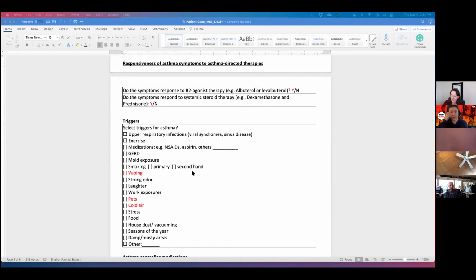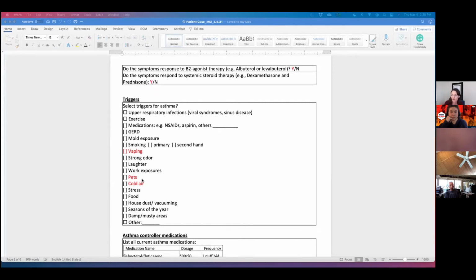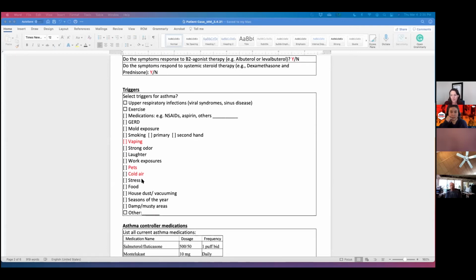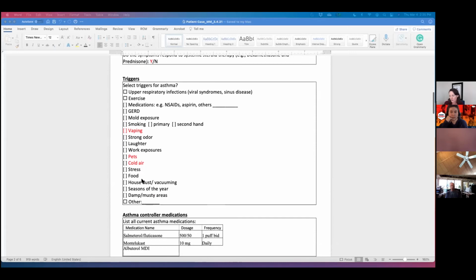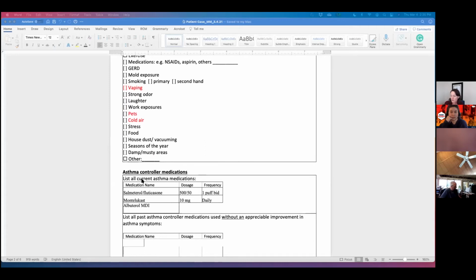She described that she had been vaping, which was fairly recent, and I'll come back to that. She would notice that she felt like she had allergic symptoms when she went into her friends' homes that had pets, and that cold air, particularly exercising in cold air, was a trigger for her. She was on salmeterol fluticasone at higher doses, 500/50, prescribed as 1 puff twice a day.